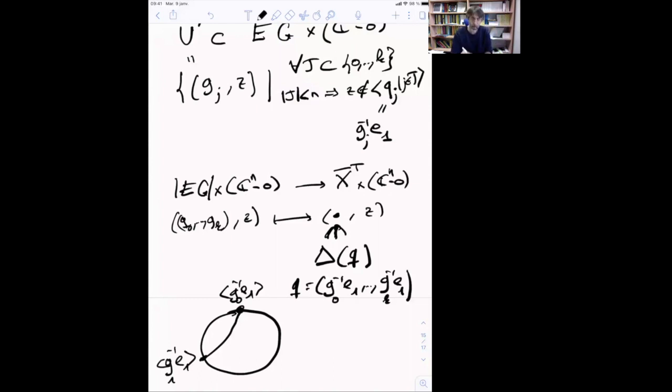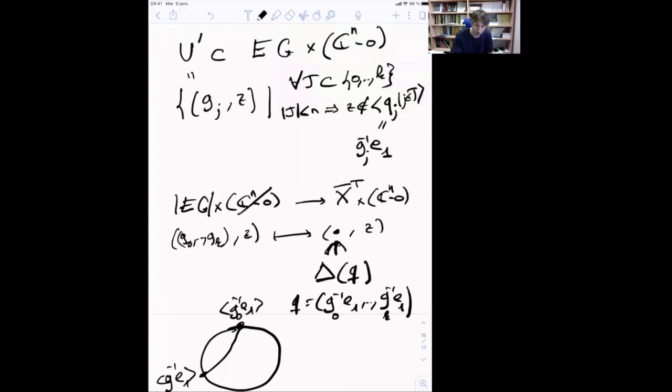But as soon as k is equal to n minus 1, we are inside the symmetric space. And so when we do that, in fact, we are making explicit the computation in the spectral sequence, because as long as we have degree k less than n minus 1, we are at infinity, and we will find 0. We will find 0 if we restrict not to Cn minus 0, but to Cn minus the relevant hyperplanes. So in the end, we have to erase all the hyperplanes, so we have to restrict to U prime.